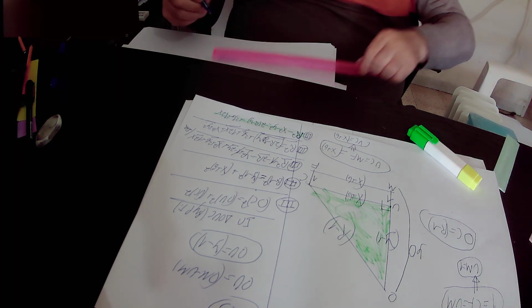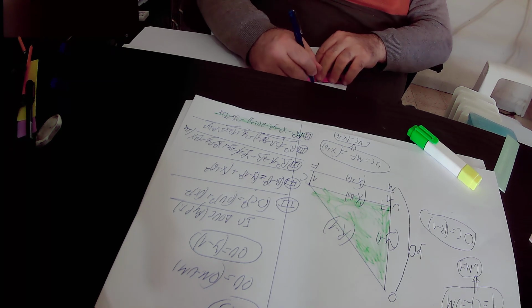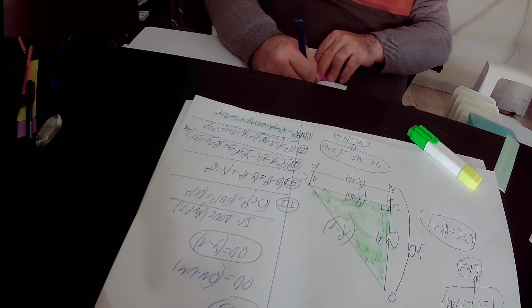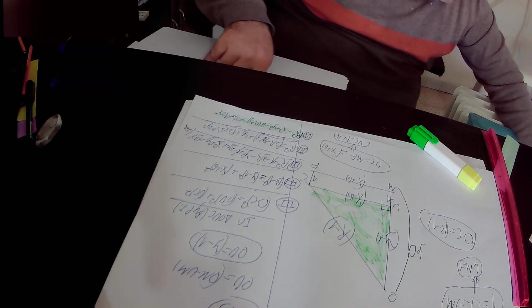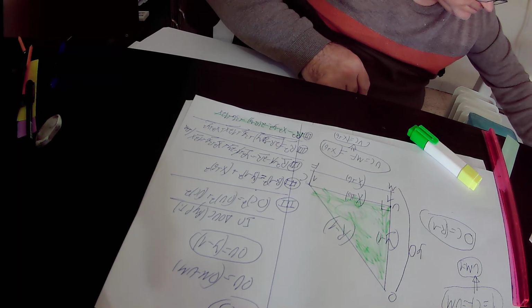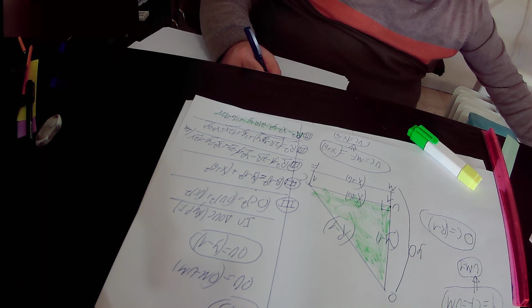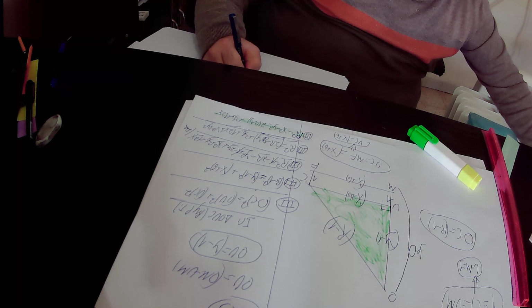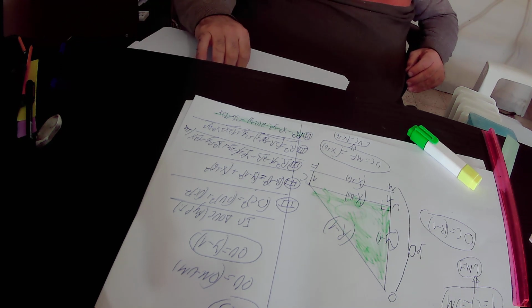And we already found out that according to equation number 1, R squared minus X squared minus Y squared is equal to 8 times (R minus Y) plus 144 minus 24X.